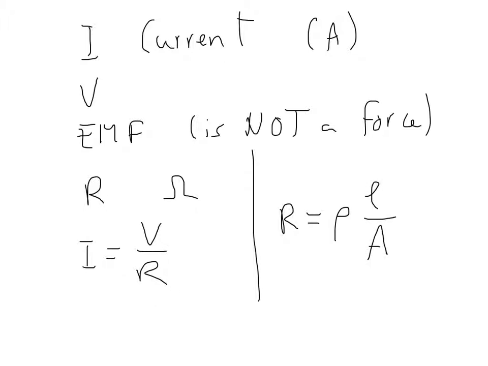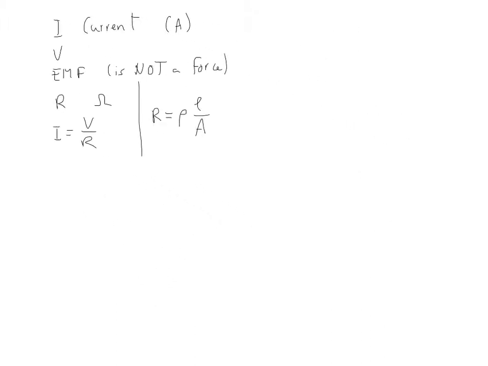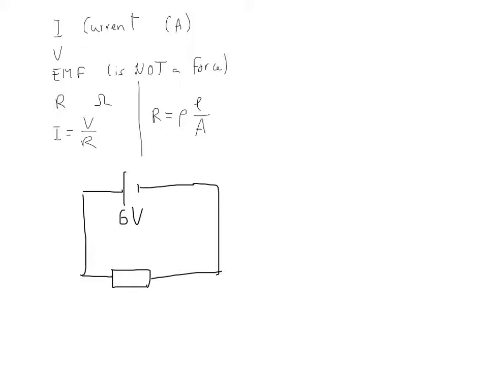Now, before we're done, I'm going to give you a little bit of homework, which you can either give me in class or write as a comment in this website. So I want you to do this calculation. I have a potential difference of 6 volts, and then I have a certain resistance here. Now I know that I don't know the resistance and I don't know the current, but I know this.